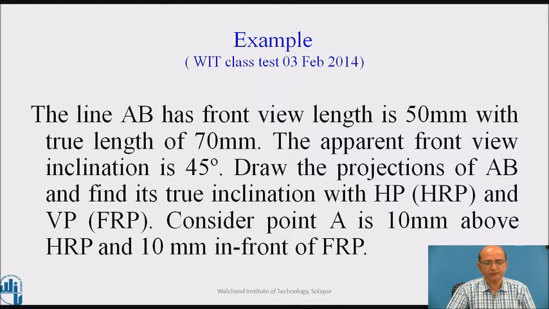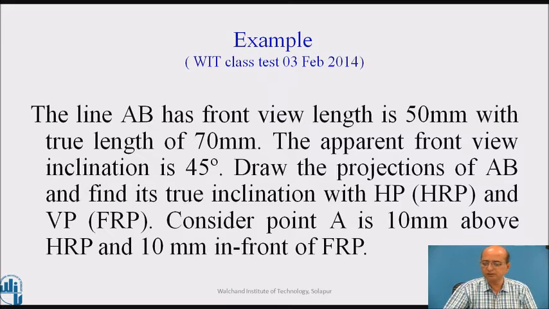Consider point A 10 millimeter above HRP. So what is given here? A line AB, its true length is 70 millimeter and front view length is 50 millimeter.